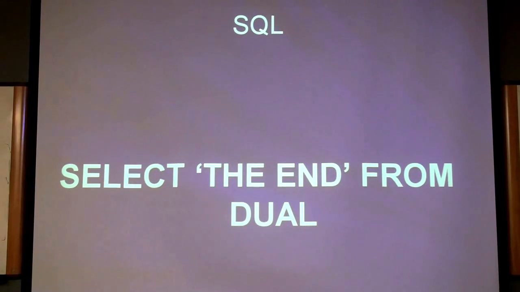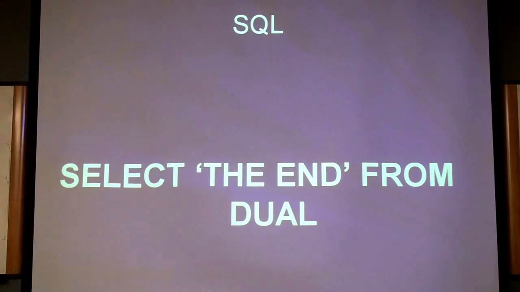The only statement it understands is select. So if you'd like to print something, you have to do select. But if you select something, you have to specify the table, right? But we don't have any table which contains literals. So we have to create a kind of dummy table, and dual plays the role of a dummy table. You can do anything with it, provided the statement is correct.